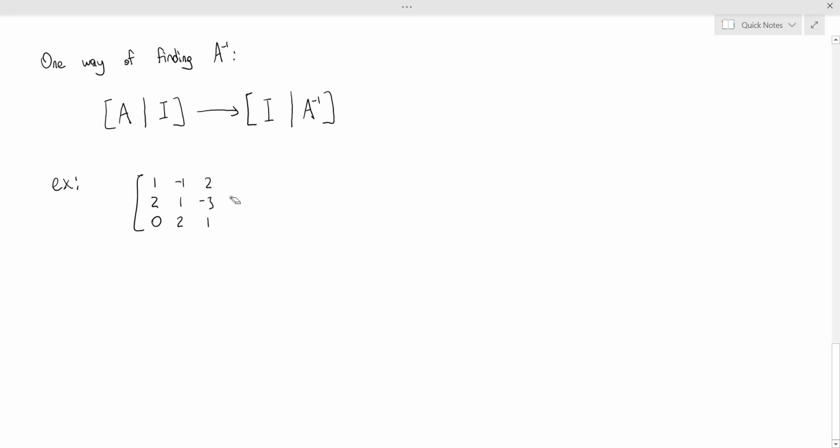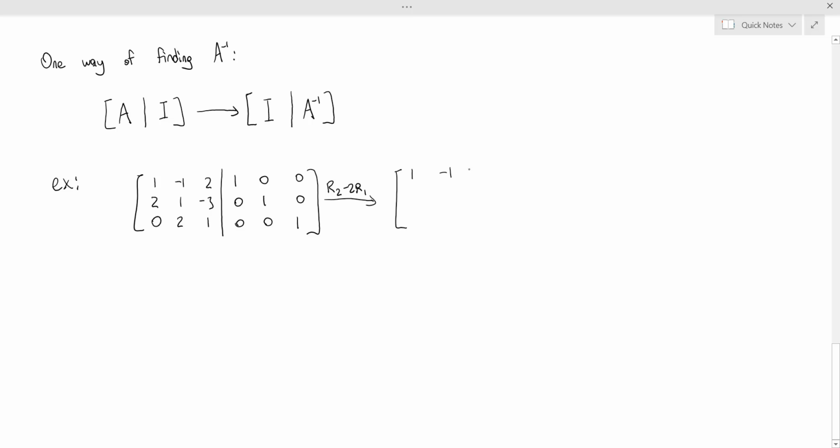Okay. So according to this algorithm, I'm going to take the matrix that we have and augment it with an identity. Now what I need to do is perform row operations until I get an identity matrix on the left. Okay, so first let's do row 2 minus 2 row 1 to eliminate this 2.